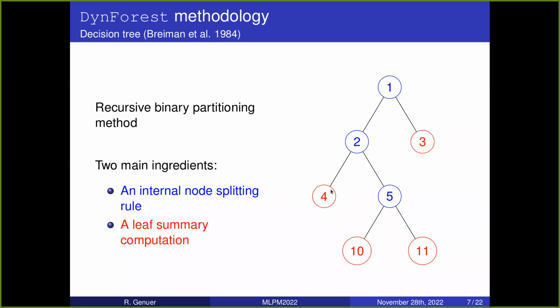And so actually, if you have those two ingredients, so you know how to split a node into two child nodes in a clever way, and if you are also able to summarize the information about all your individuals in a given leaf, then you can build a decision tree and then a random forest.